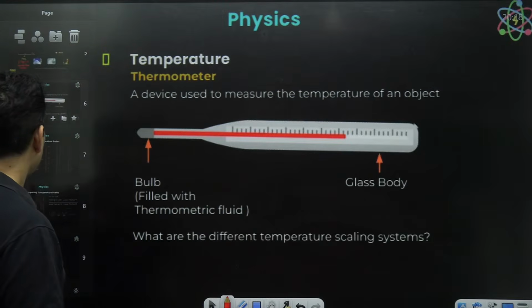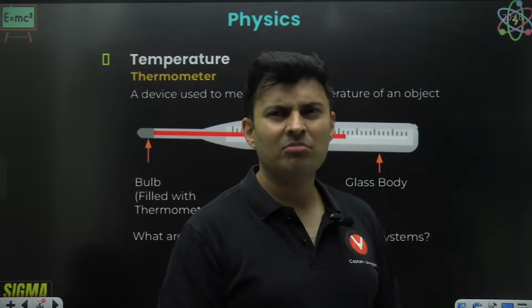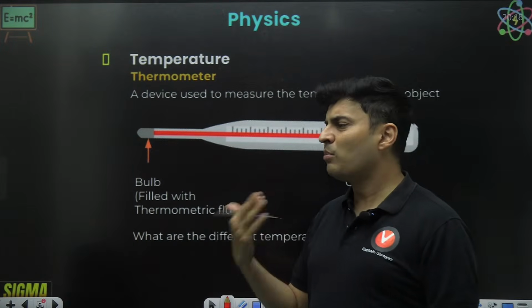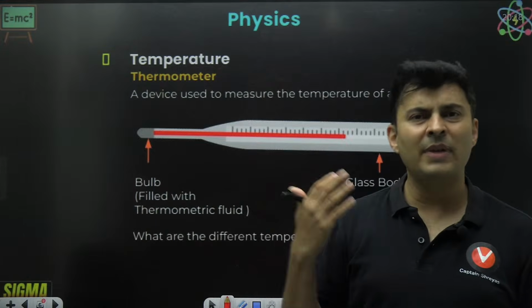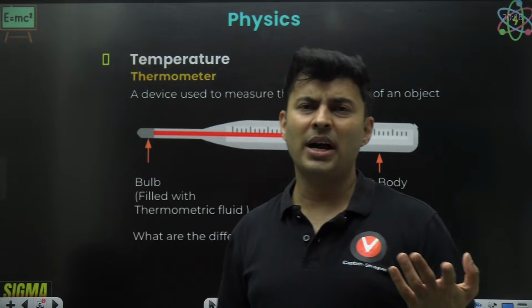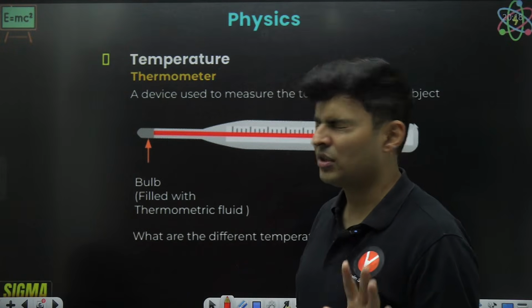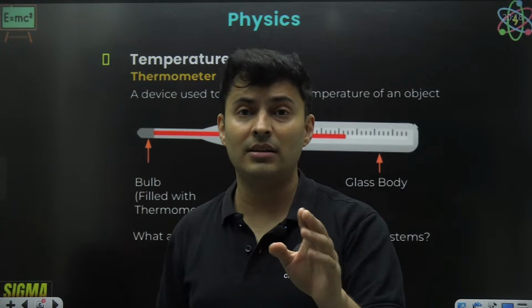Now, temperature can be measured using a device like a thermometer. There are many more devices which can measure the temperature, like a thermocouple. You have temperature dependent resistors.